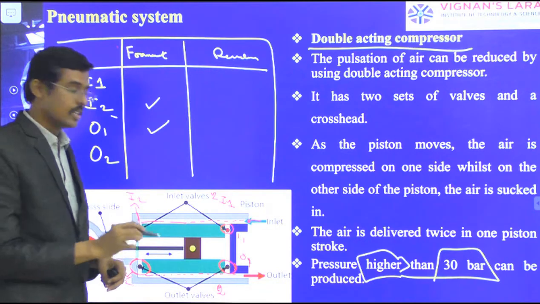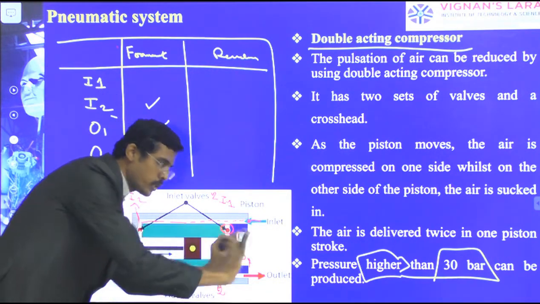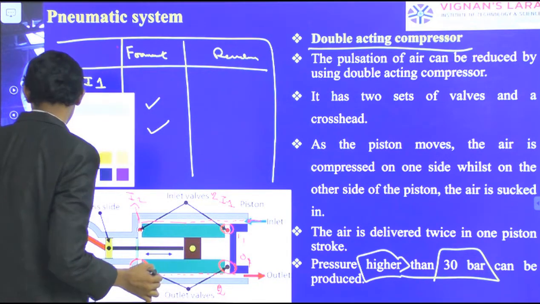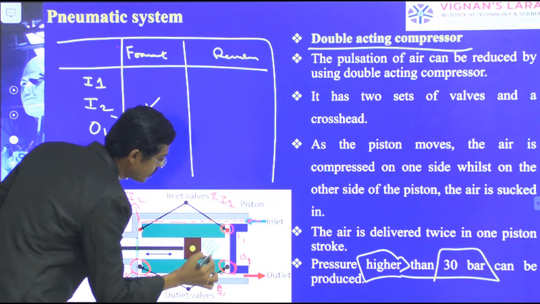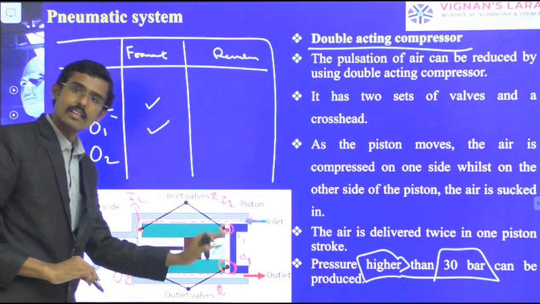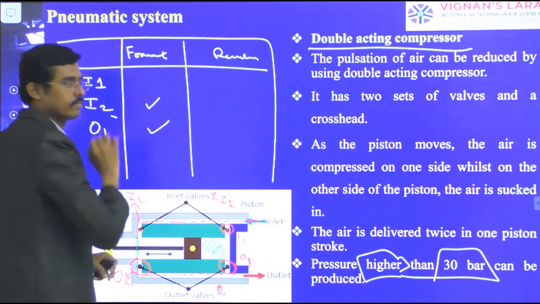What happens? At the forward stroke, this piston is going to push the zone of air which is already present there, so we are receiving this pressure at the outlet. The outlet has been taken from here.